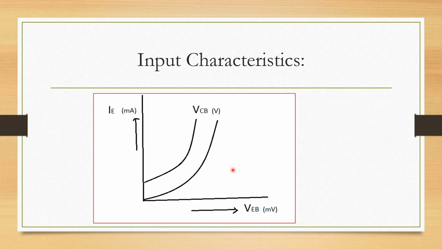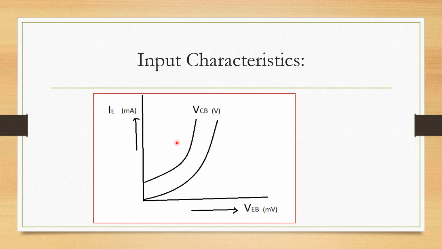And in this we can observe that the emitter current IE increases rapidly with a small increase in emitter base voltage. If a very small amount of VEB increases, then a large change in IE is observed.